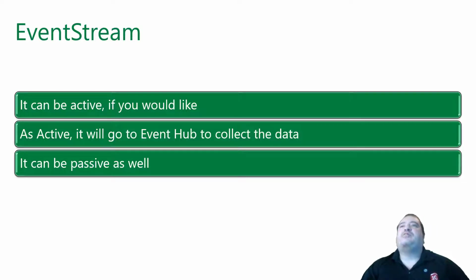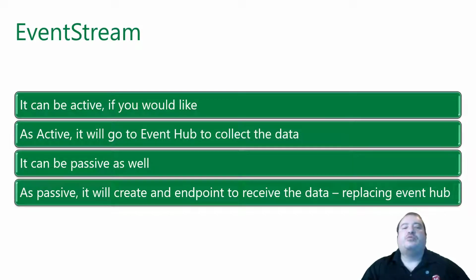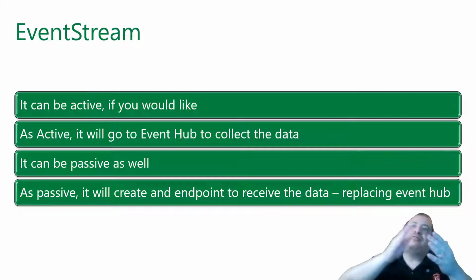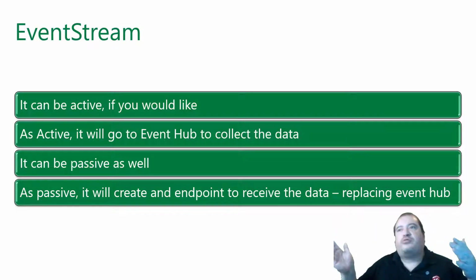As a passive tool, it will be waiting for some application to send data to it. As a passive tool, it will create an endpoint to receive the data, and in this case, it replaces Event Hub. And the rest of the flow in EventStream replaces Stream Analytics as well.